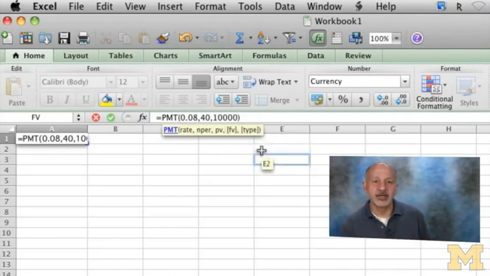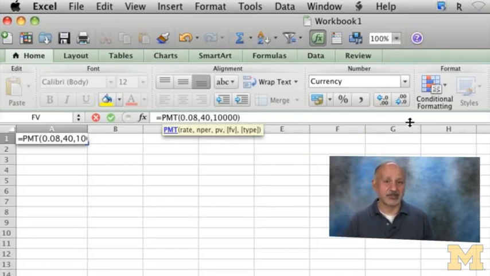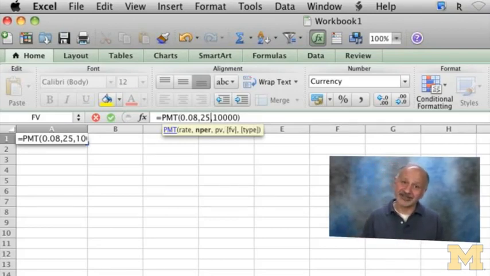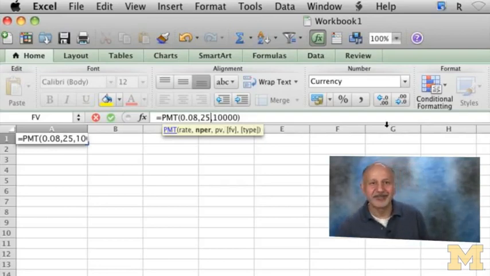What's the interest rate? 8%. How many years? In the previous problem, it was 40 years, right? In this problem, we have, I believe, 25. And if I make a mistake, that's one of the times you can catch me and fix it faster than me. Okay?